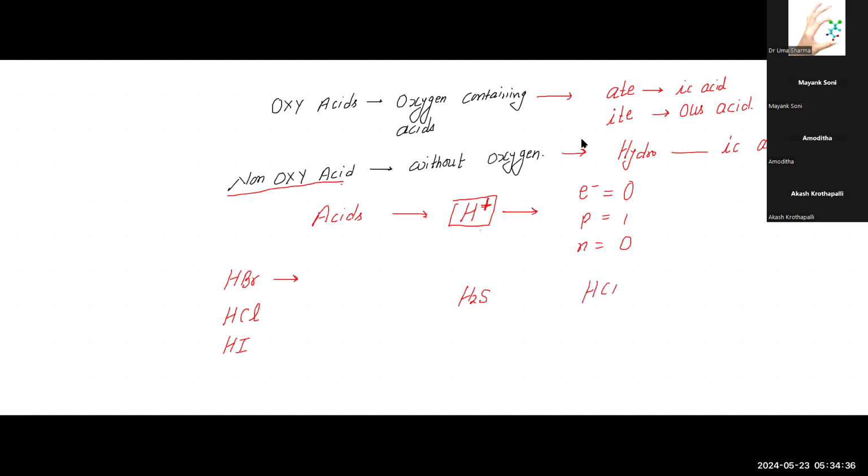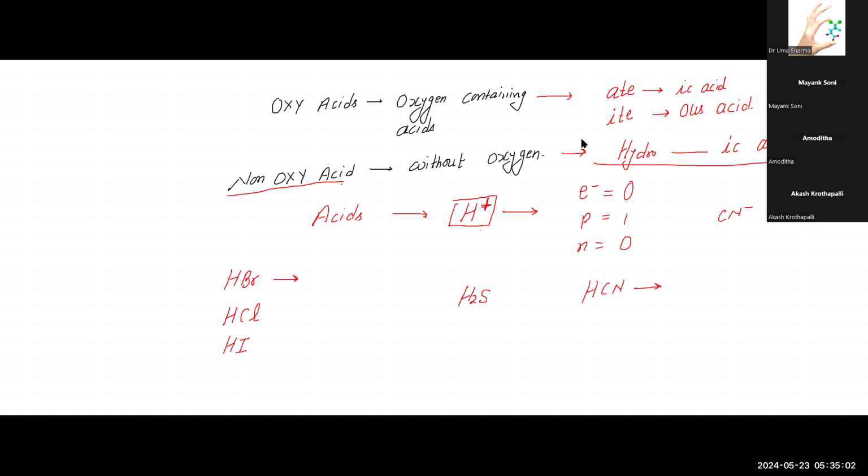Can you name this? This CN is a polyatomic ion, but there is no oxygen. So it falls in the category of non-oxy acid, meaning without oxygen. So nomenclature will follow the same rule. Do you know what is CN minus? I have given you the polyatomic ion list. Check the name of this CN minus: cyanide. So what is the name of this acid?